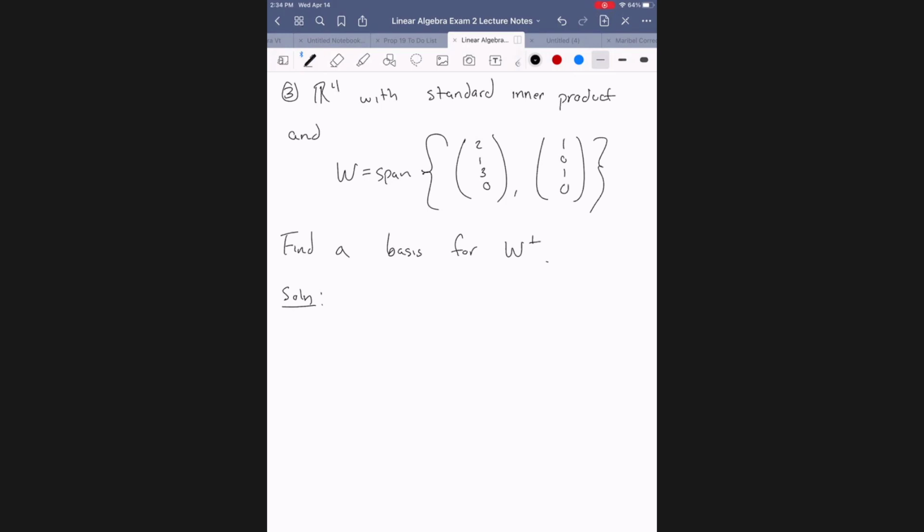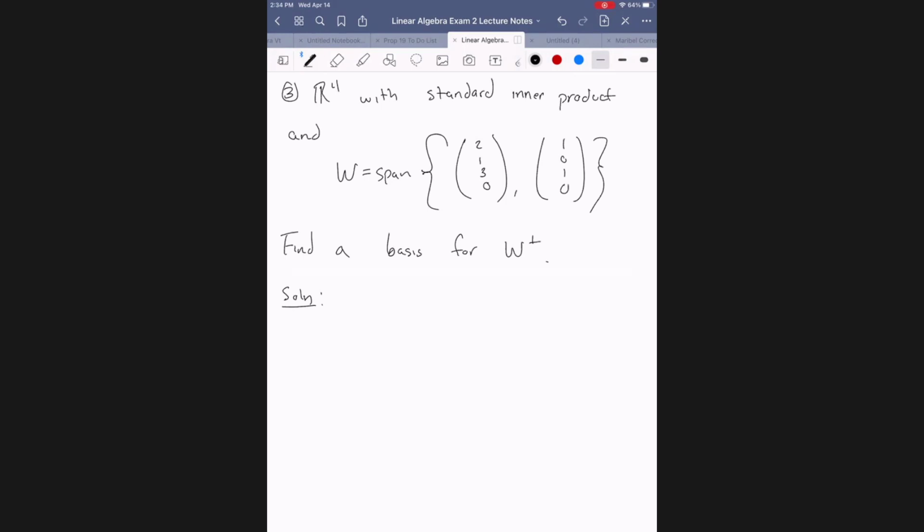Well, the basis that's in there, it is in there, but it's not just the basis, right? It's the set of all vectors that are orthogonal to the vectors in W, right?